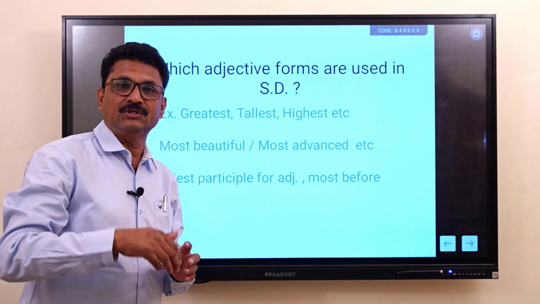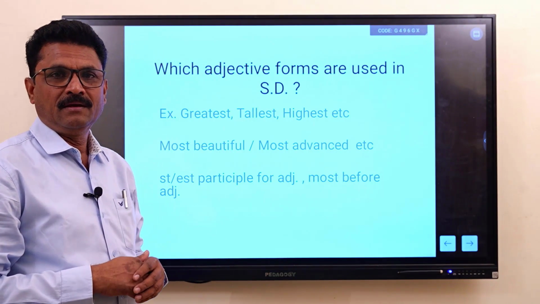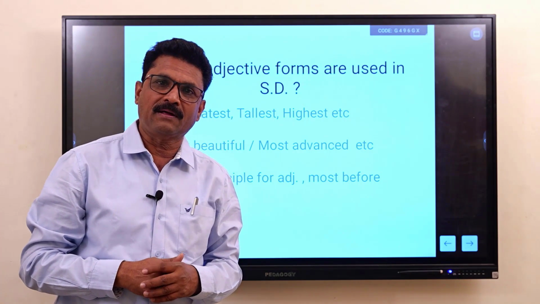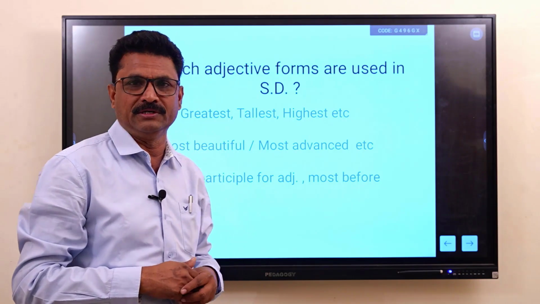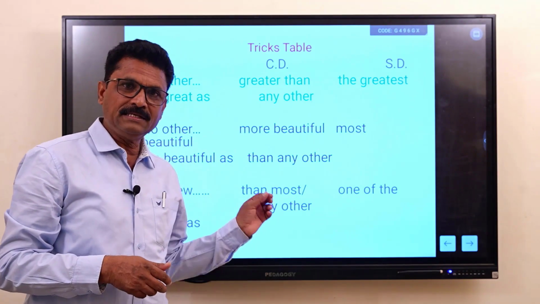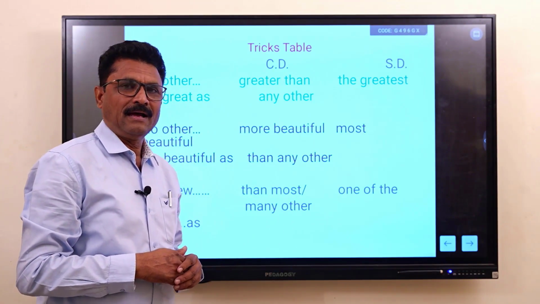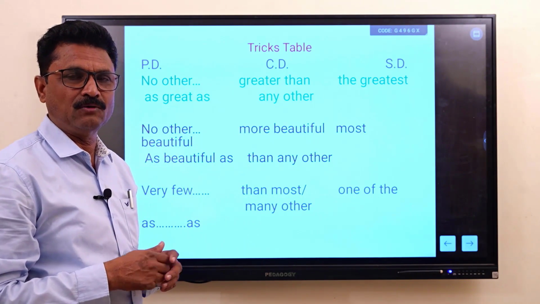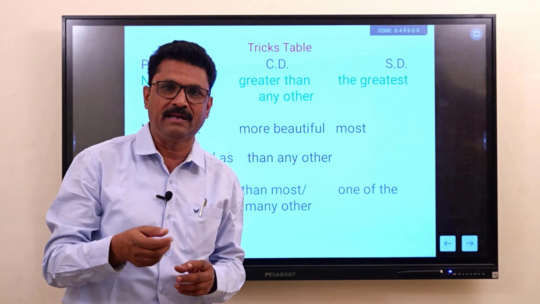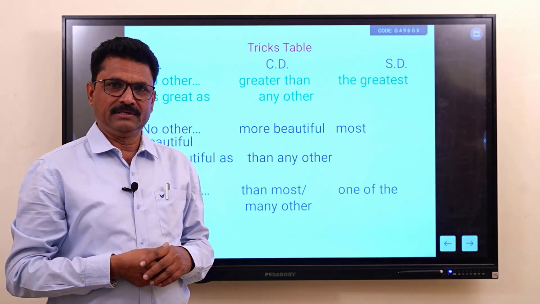For those adjectives to which we can't add st or est, we use most before that adjective in superlative degree. So here is a table, and these are tricks for us to identify the positive degree, the comparative degree, and the superlative degree.